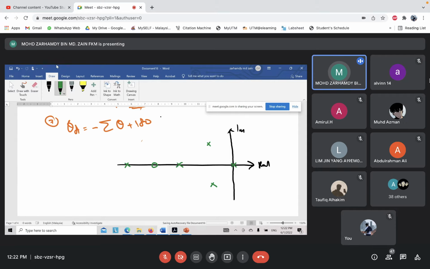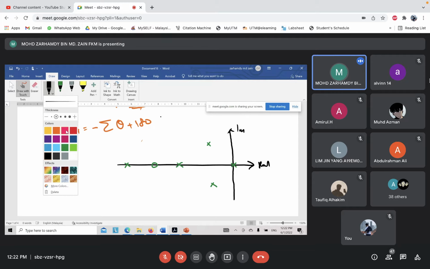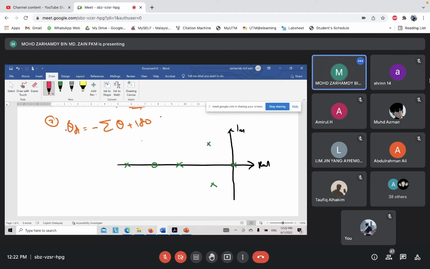Normally we take a point in the positive side as the reference point. Once you take this as a reference point, use your ruler and draw the lines very lightly, just light, simple.